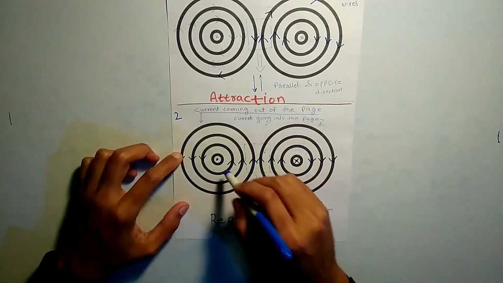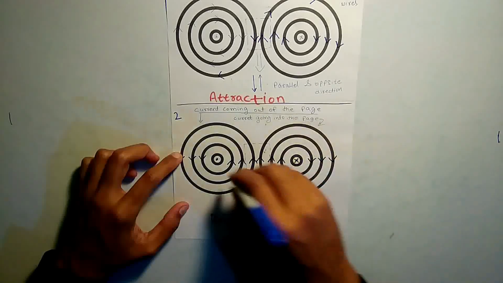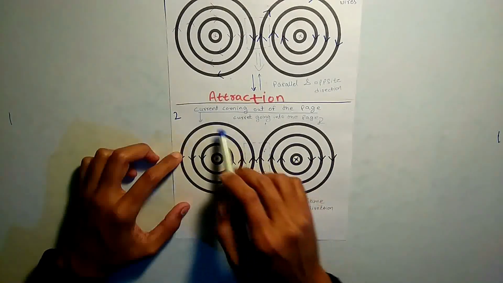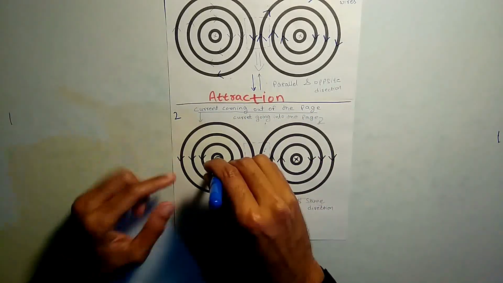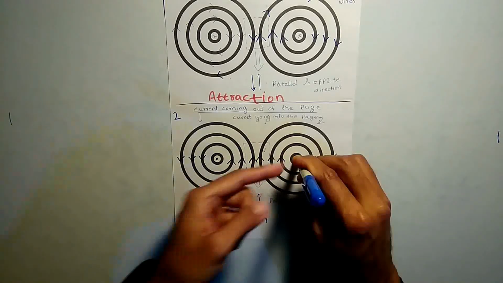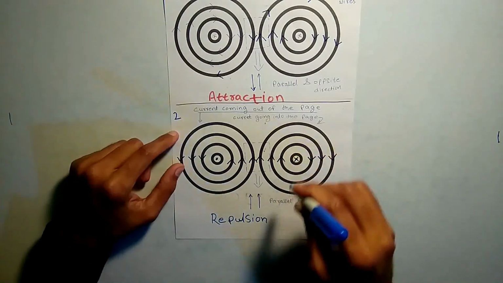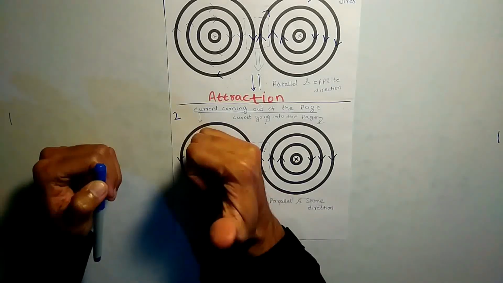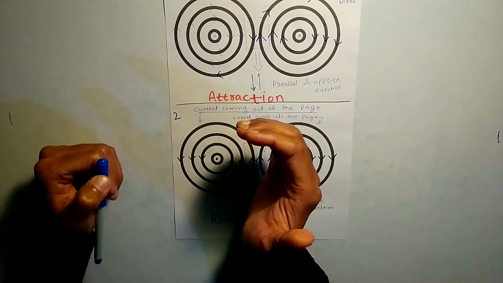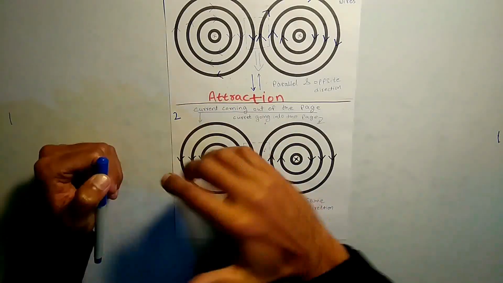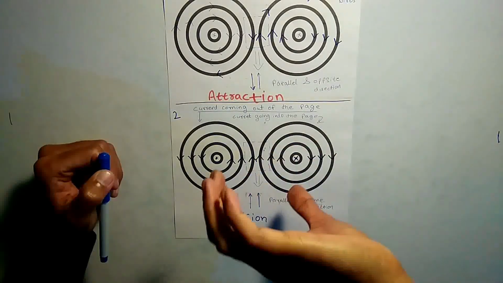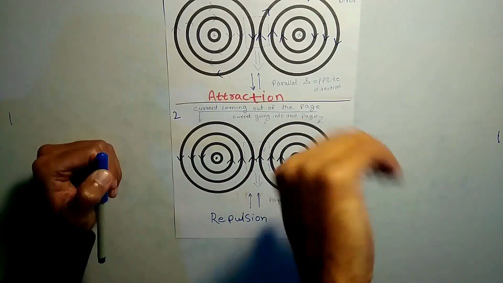Now consider this image. Here again we have two conductors, both perpendicular to the plane of paper. In this case, current is coming out of the page, and in this case current is going into the page. So according to right hand thumb rule, thumb will indicate the direction of current and it will create an anti-clockwise field, and in this case thumb will point downward and it will create a clockwise field.